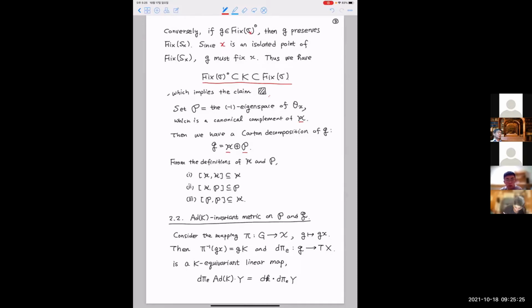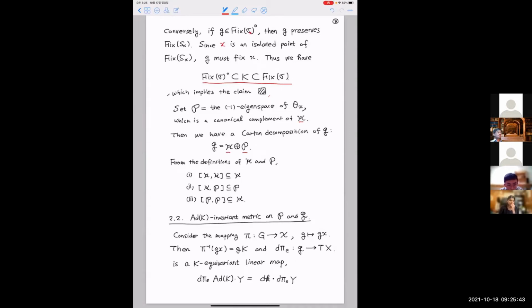And now that we have a Cartan decomposition, we can give some metric on P, and then on G.